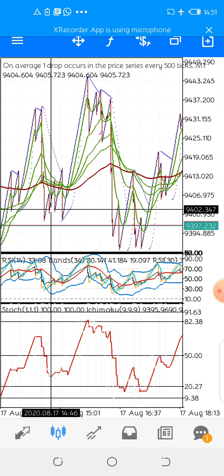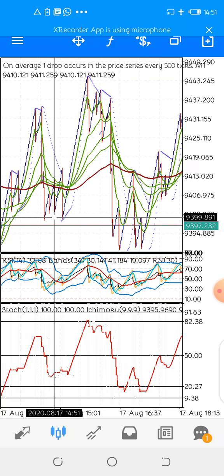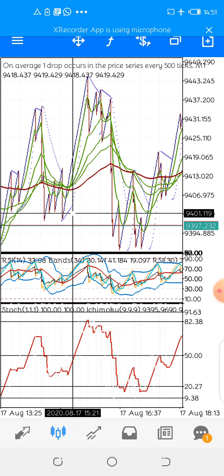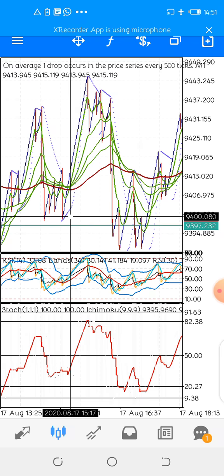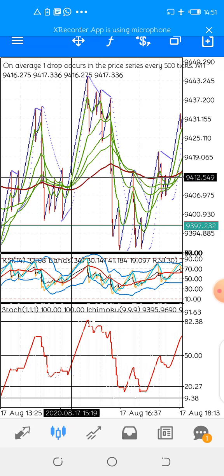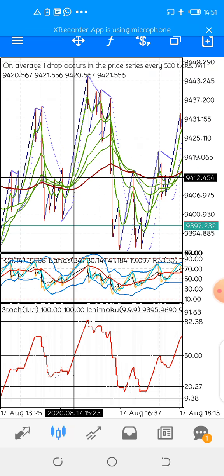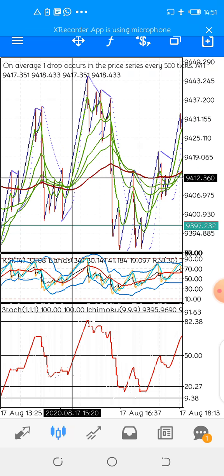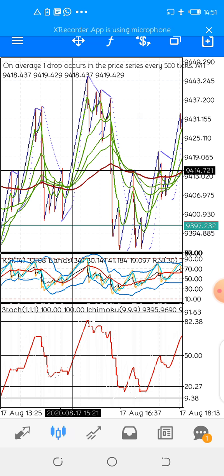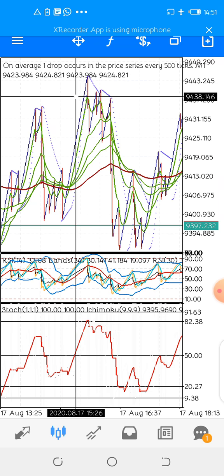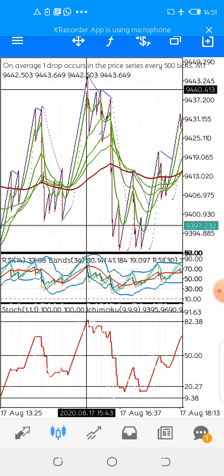Okay, so while going up in such an incidence, I wouldn't be so keen, but after I've seen that it's crossed and all these moving averages have come together on one point again on its way up, I could have somehow placed it a bit, but not very long after it crossed that spike, the previous spike from there. I would just hold like 15 to 20 candles and be out.